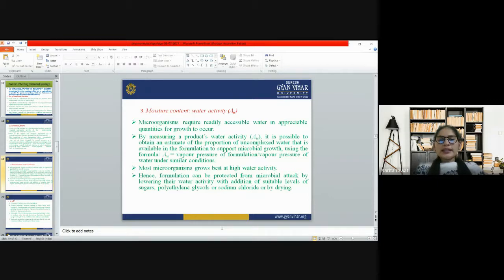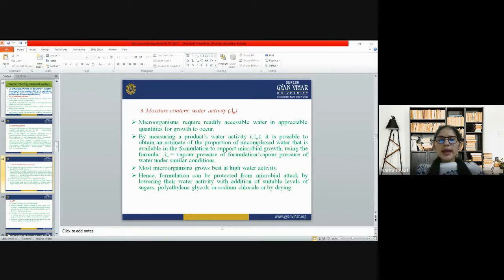Microorganisms require readily accessible water in appreciable quantities for growth to occur. By measuring a product's water activity, it is possible to obtain an estimate of the proportion of uncomplexed water available in the formulation to support microbial growth, using the formula: aw, water activity, equals the vapor pressure of the formulation divided by the vapor pressure of water under similar conditions.